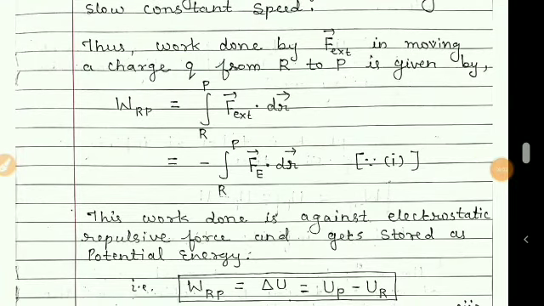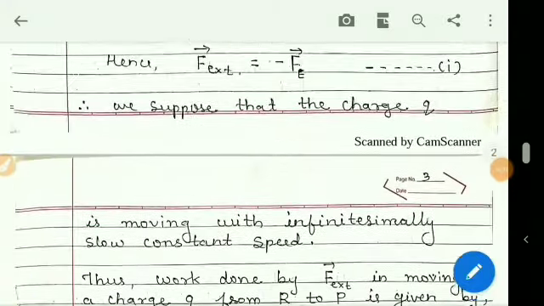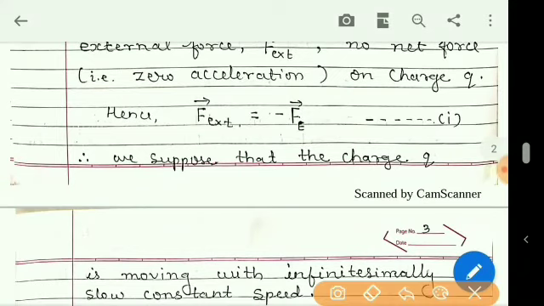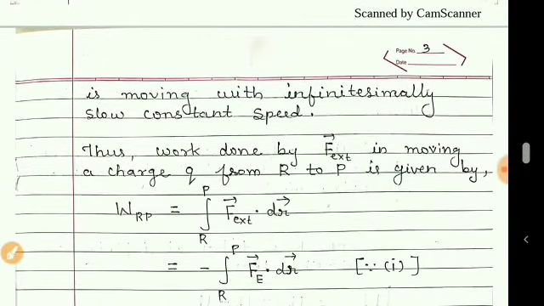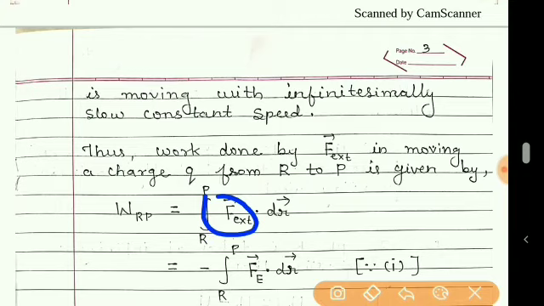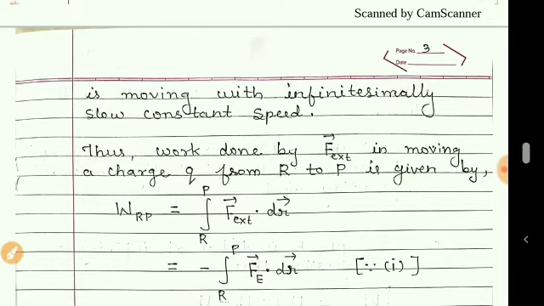Now from equation number 1, F external is equal to minus F electric force. So here, replacing this F external by Fe and taking the negative sign outside, we get this next step.